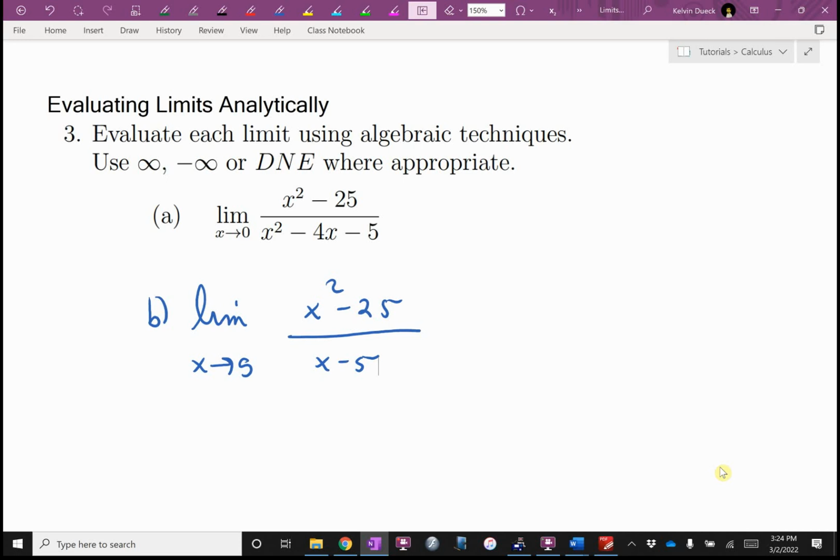I hope you've been taught this, but when it comes to factoring, what's the first thing that you always, always, always look for?